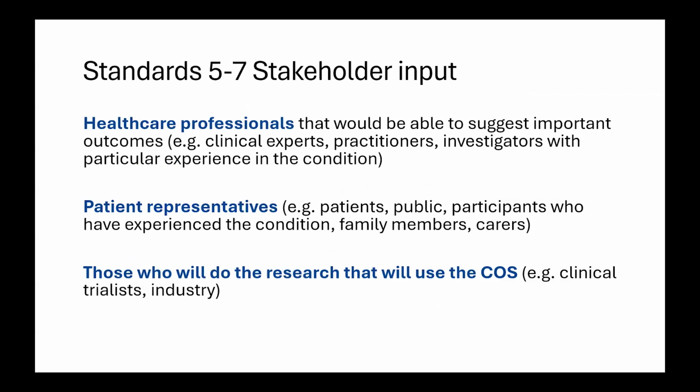So in terms of stakeholder input, there are 3 key groups that should be included in the development of all core outcome sets. They are healthcare professionals who have experience of treating the condition, patients or their representatives who have experience of living with the condition, and those who will do the research that will use the core outcome set, so clinical trialists, pharmaceutical industry, and they should be involved in the development of all core outcome sets.